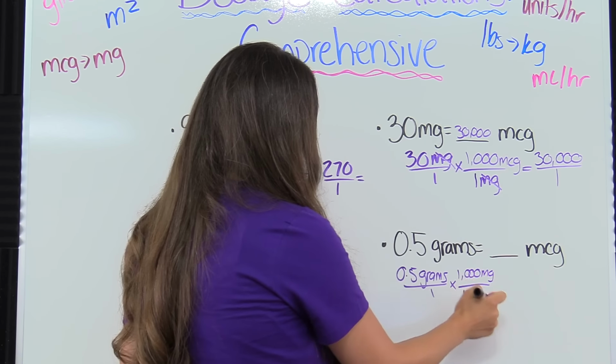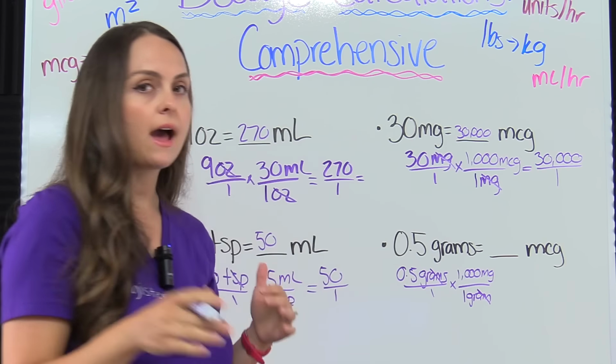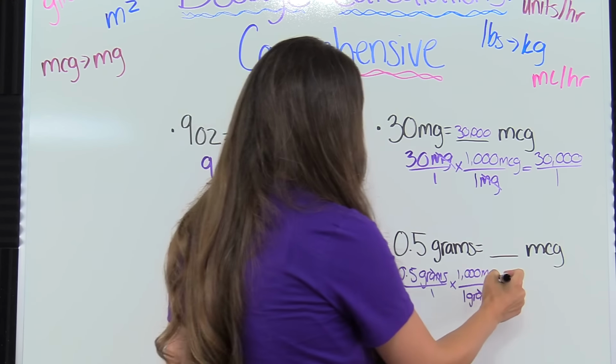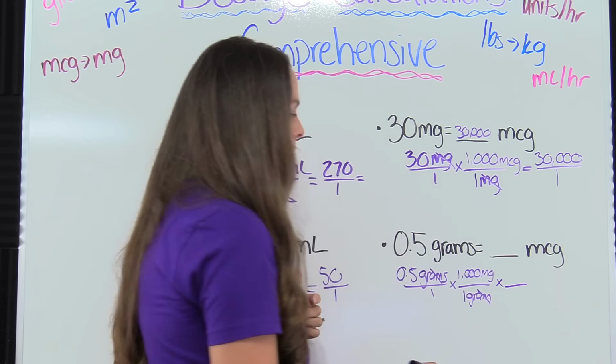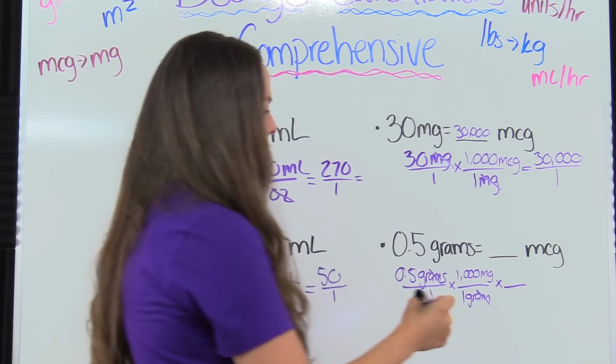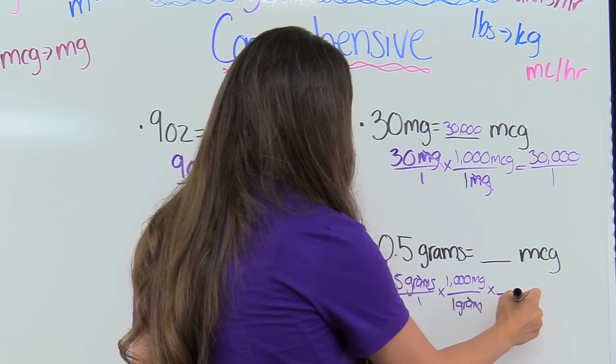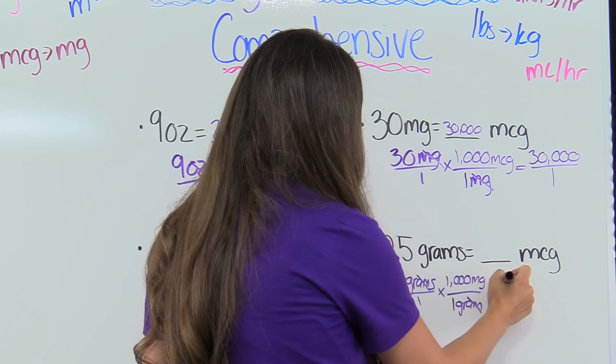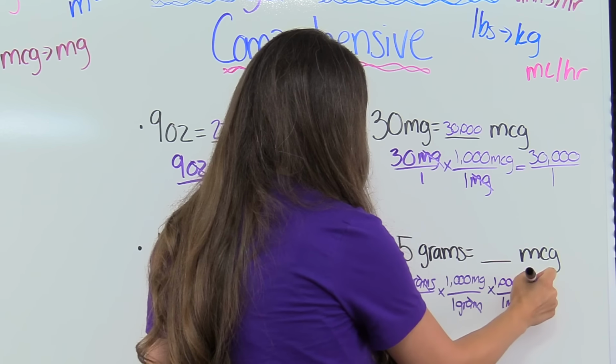And grams cancels out, but we're not done because we have to get to micrograms. So we need to do one more step. So we know that in 1 milligram, there is 1,000 micrograms.